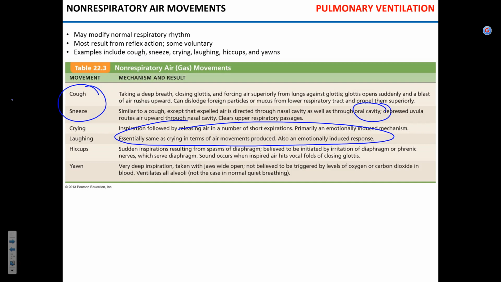Hiccups. Most likely it's the irritation of the phrenic nerve. Some kind of irritant irritates the phrenic nerve, initiates action potentials that stimulate the diaphragm, causing short contractions, spasms of the diaphragm. What causes hiccups? Nobody knows.